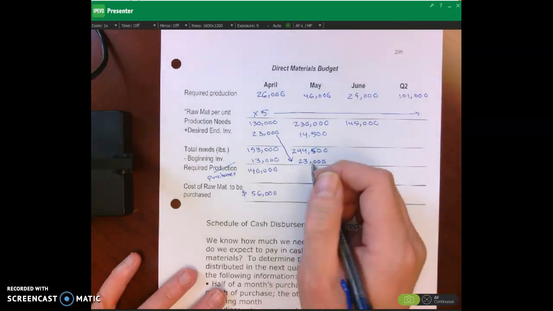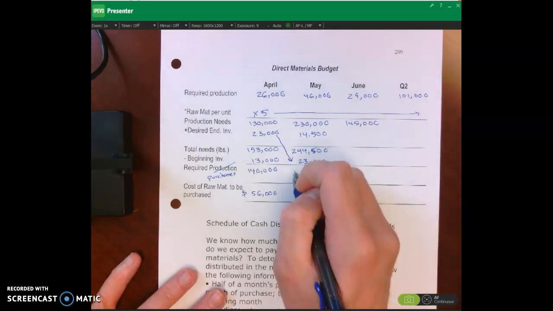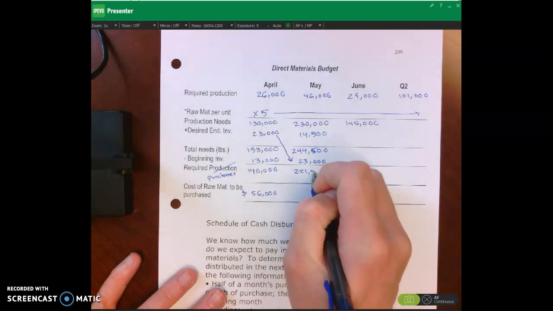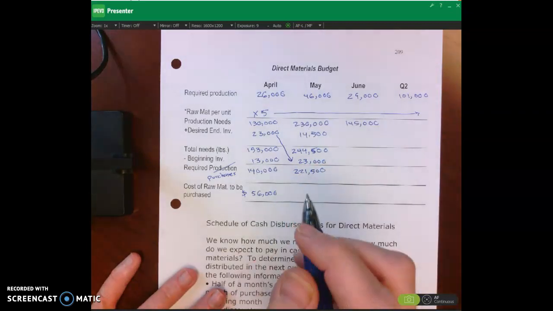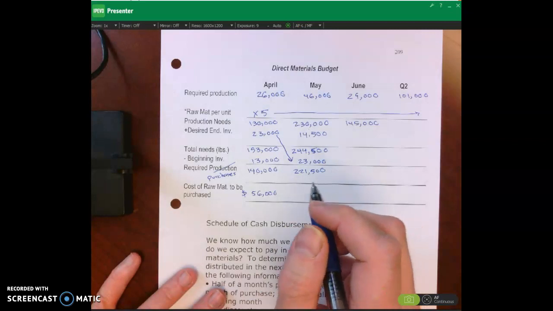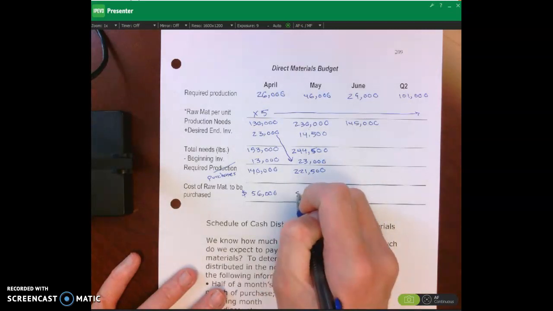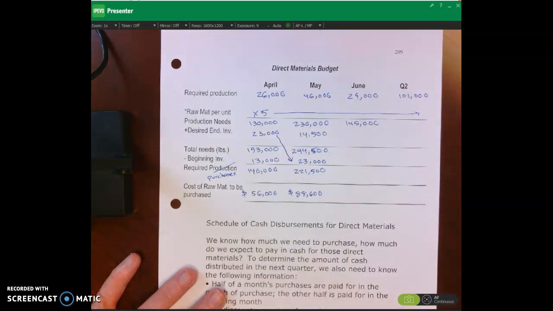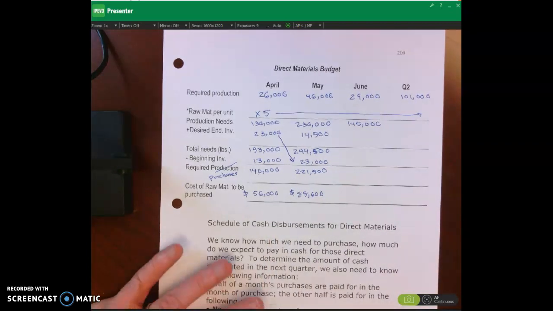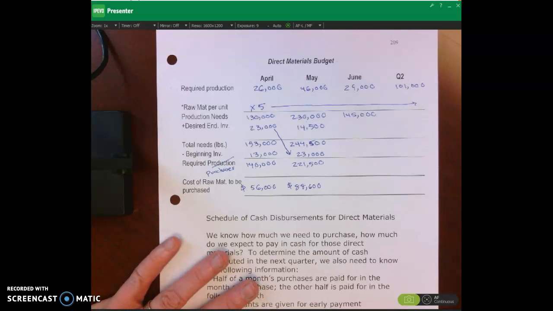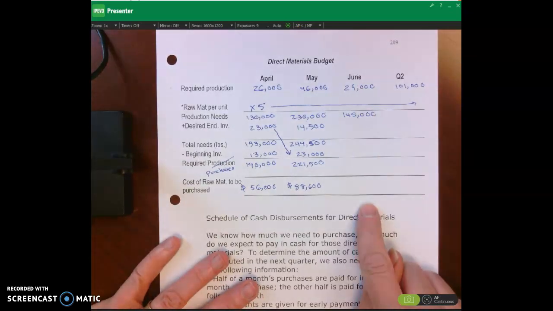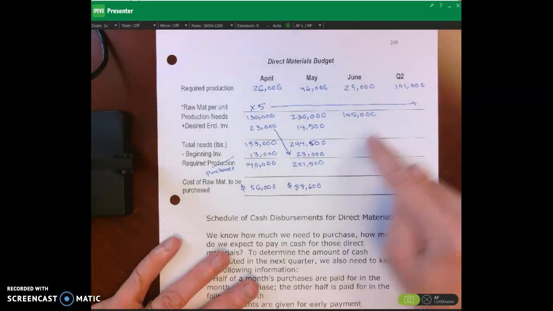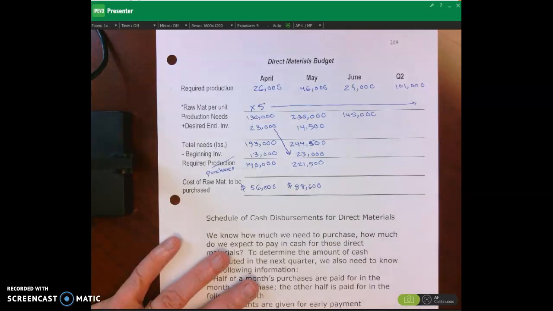Subtract these two, and that gives us our required purchases of 221,500. Multiply that times the 40 cents per pound. That gives us 88,600. Okay? So here's what I want you to do. I want you to pause the lecture video and complete June for me. And then we'll review June, and then we'll do the quarter together.